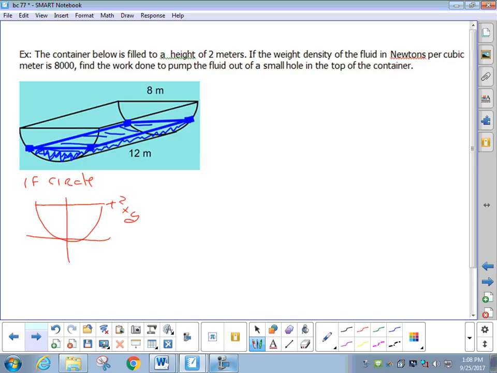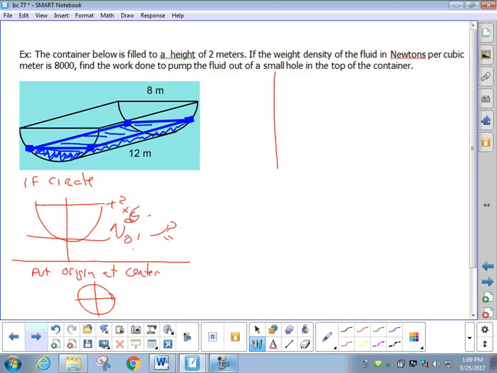It's terrible, terrible. Instead, put the origin at the center of the circle. I won't mark you off if you do it the hard way and you do it well, but golly, in terms of making your life easier, it's so much easier if you have a circle if you put the origin at the center.